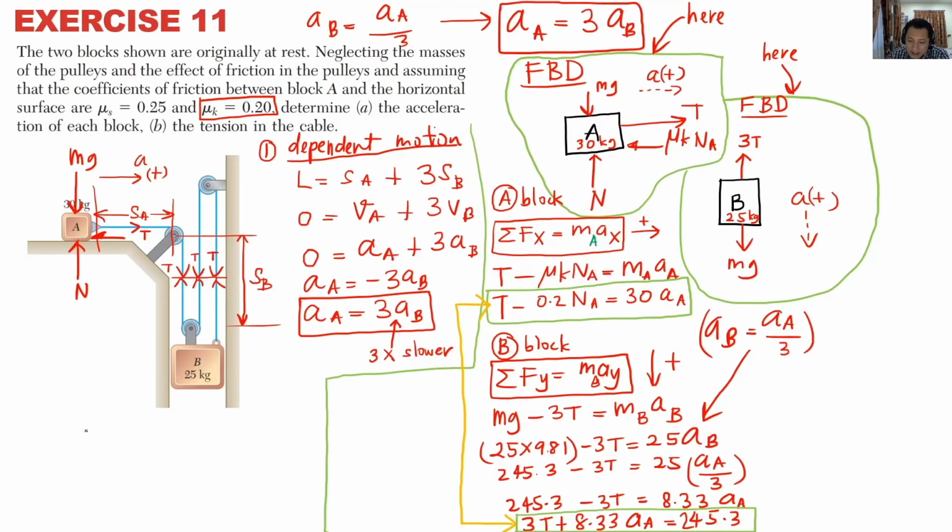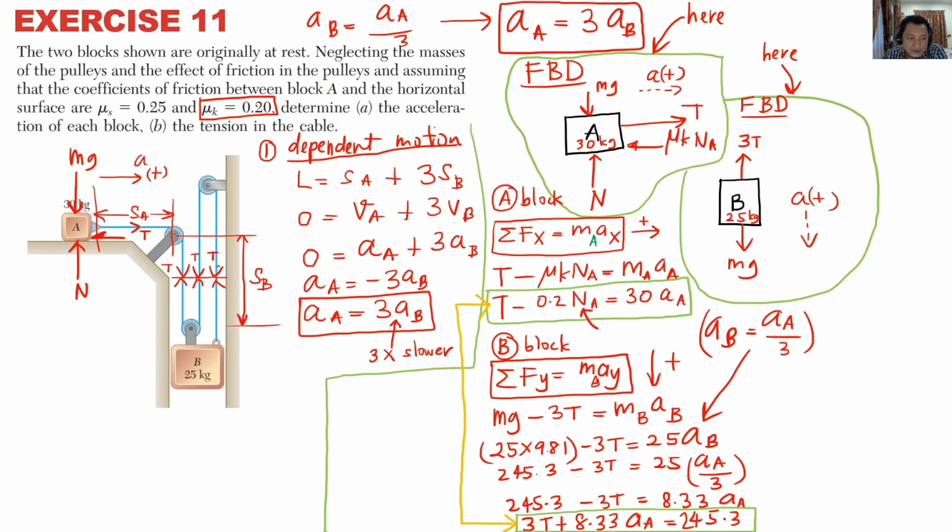T N A. NA tak dapat. How much is your NA? NA senang aja actually. NA is equal to mg. Yeah, this one. This one we can simplify a bit more.